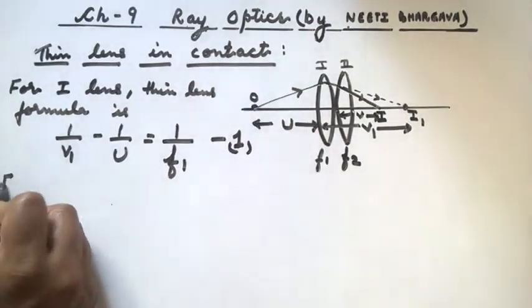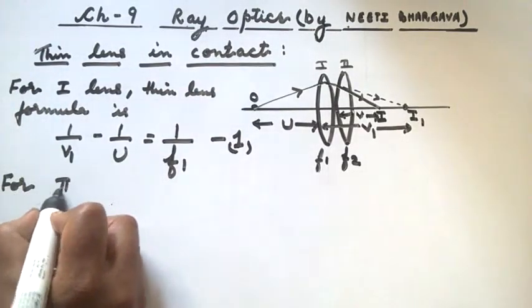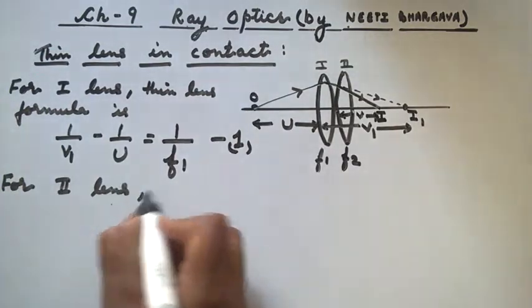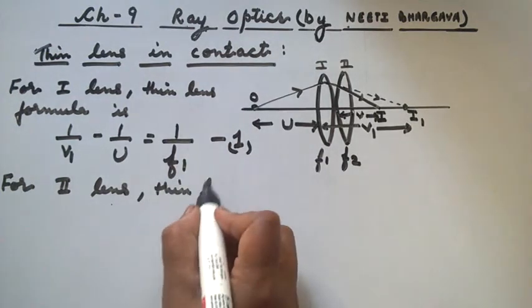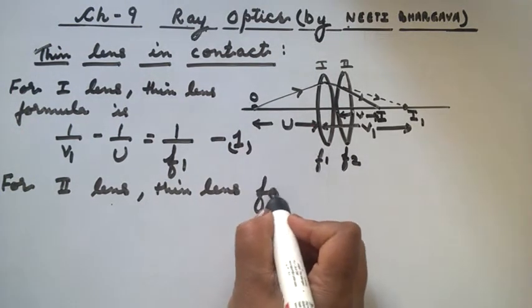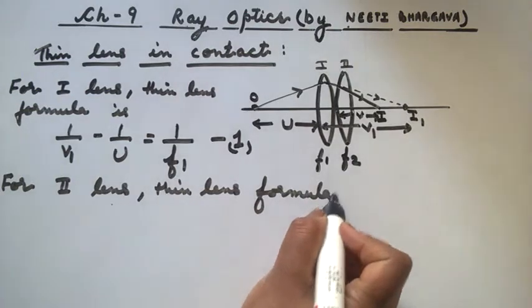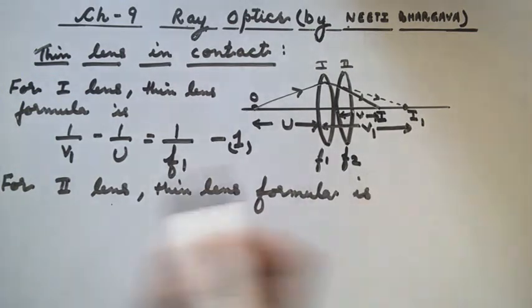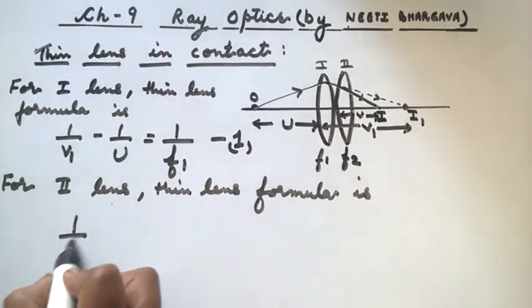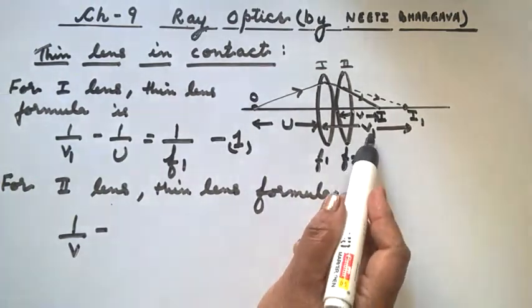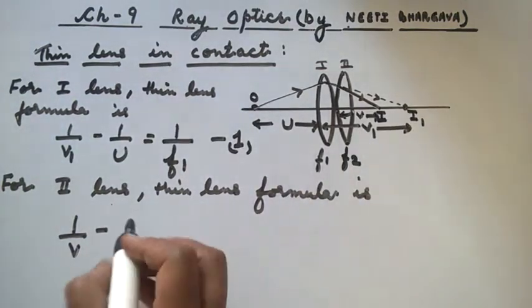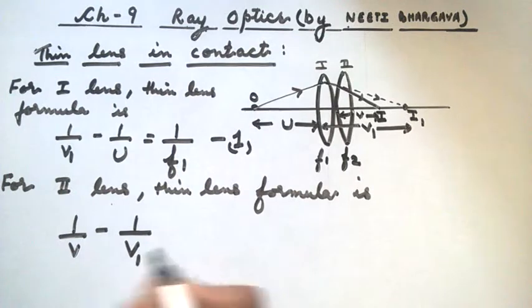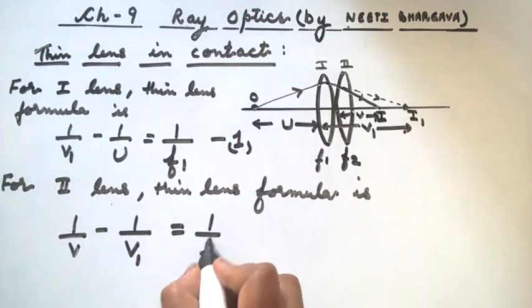Now for the second lens, the thin lens formula is 1 upon v minus 1 upon v1 equal to 1 upon f2.